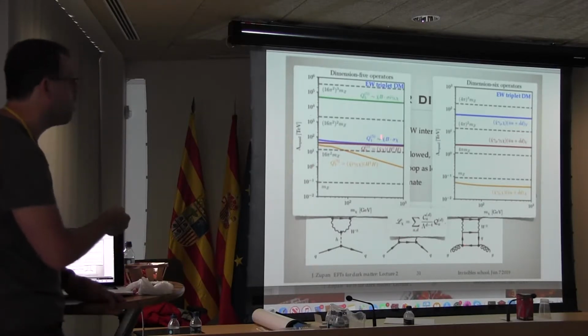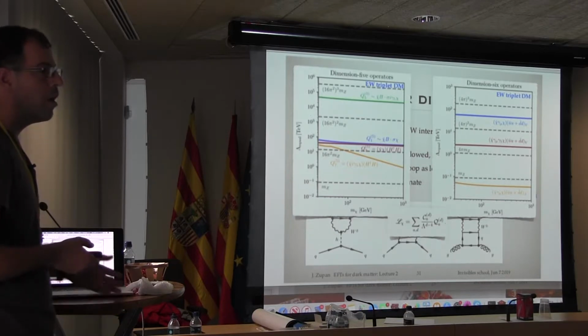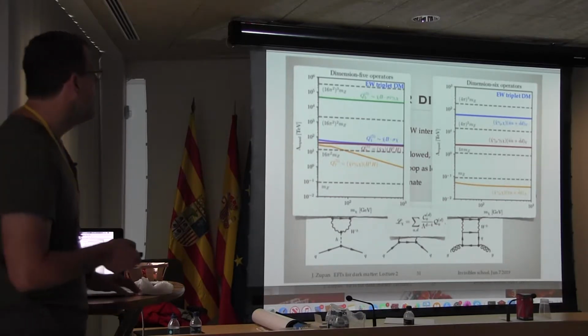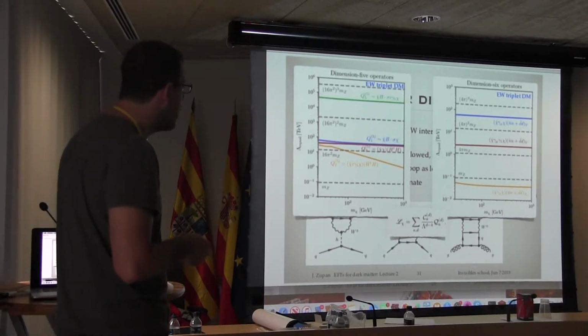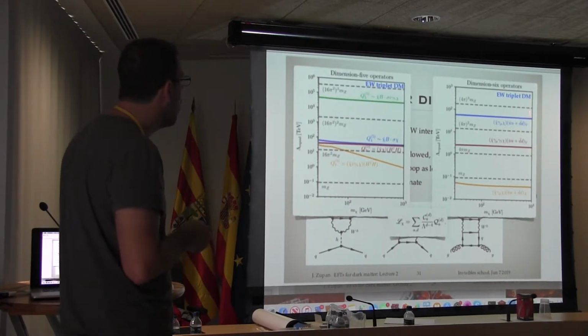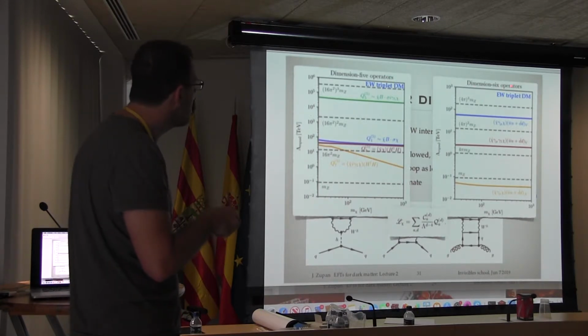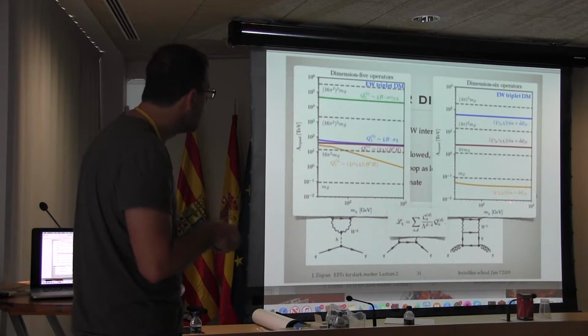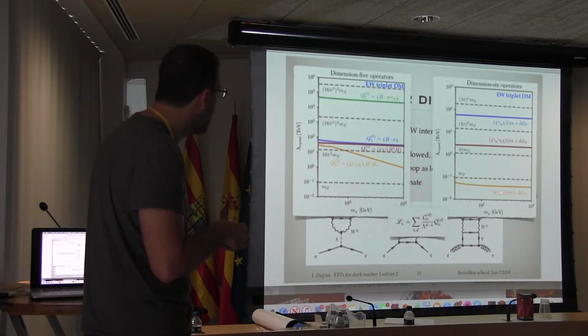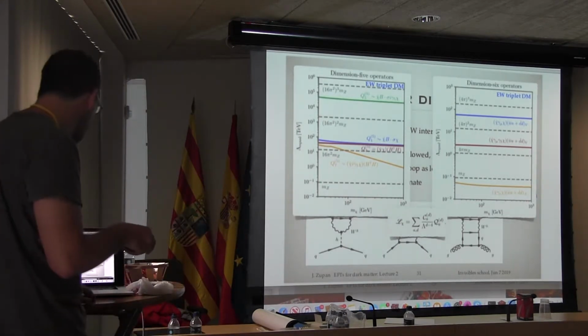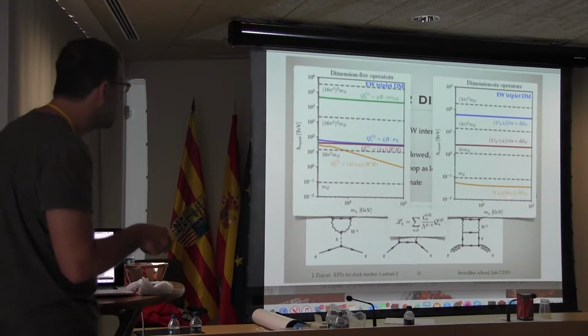So it all depends on the details, whether or not you're supposed to keep the higher dimensional operators. Let me also go over this side. This was dimension 5 operators. This one is dimension 6, a few examples. For instance, in this yellow line, it's hard to read, but it's quite important, unfortunately.